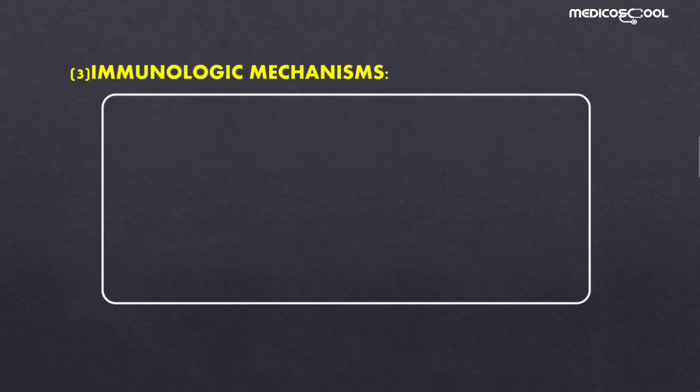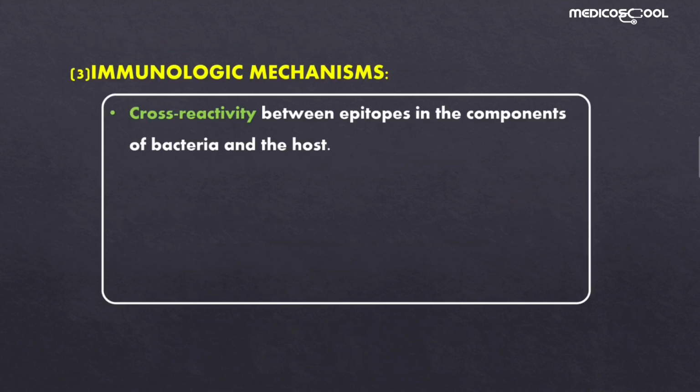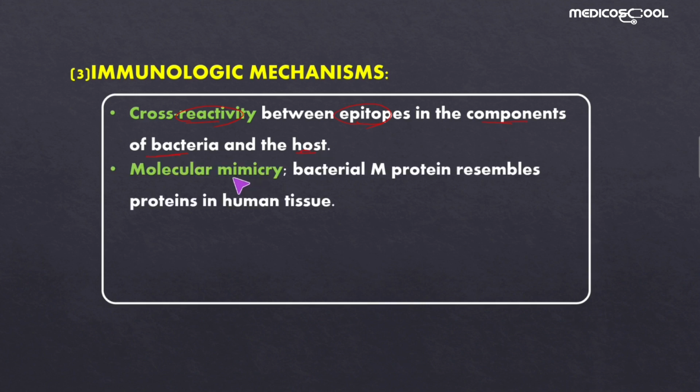The third one is the immunological mechanisms, and that may be in the form of cross-reactivity between the epitopes present in the components of bacteria and the host. The second one is molecular mimicry, because the bacterial M protein, the bacteria has a protein known as M protein, and this M protein resembles proteins in human tissue.